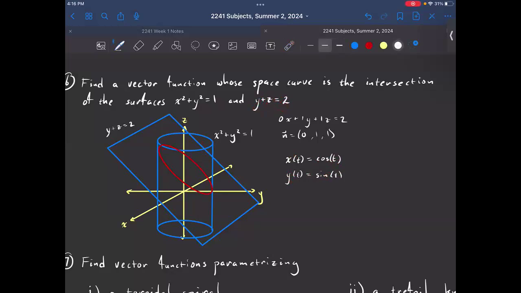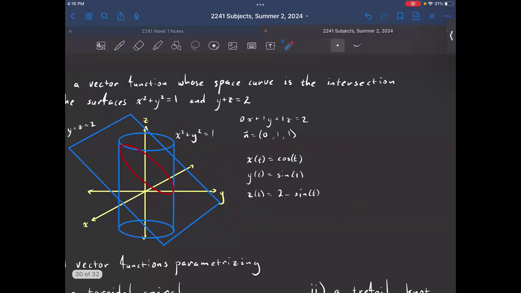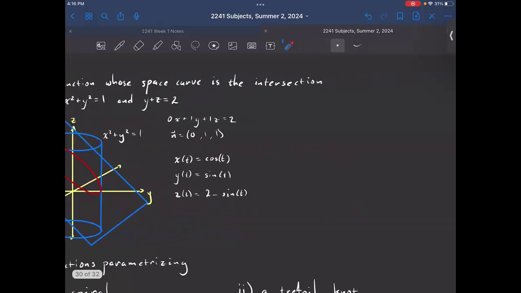So we have z equals 2 minus y, which is 2 minus the sine of t. And so there's our parametric form, and we want a vector function, so we just need to rewrite it in vector form.